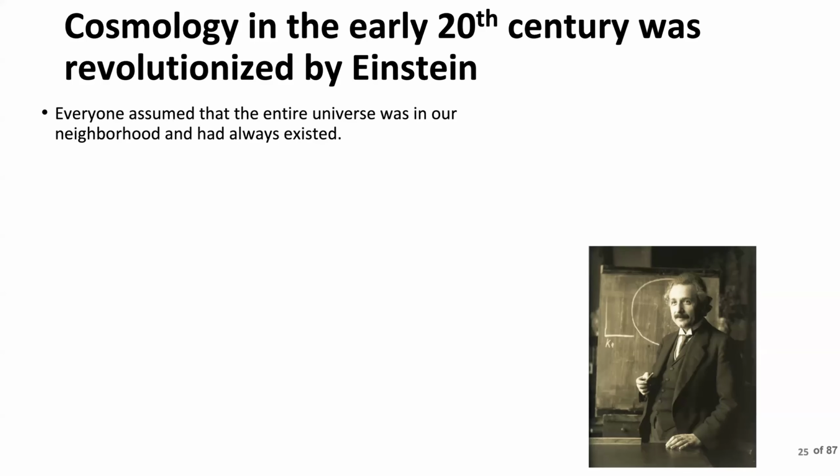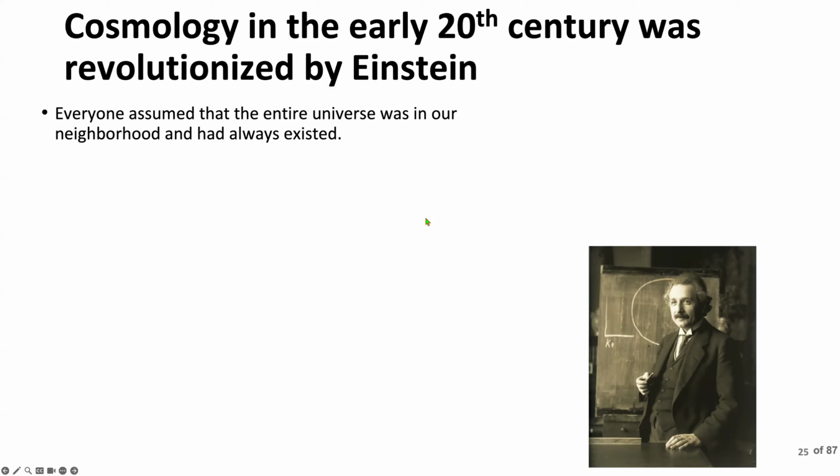Einstein, a giant in many ways in all of science, made the breakthrough in roughly 1917 on how gravity functions in the universe. At that time, the assumption was the universe was static, that it was a perennial structure. All the bright objects in the sky were in some relative position to one another, but they'd always been there.